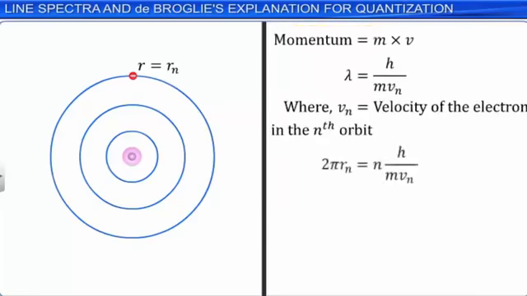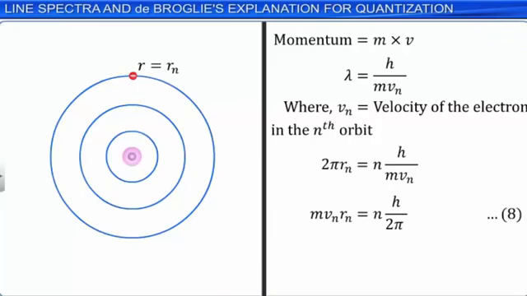Rearranging the equation, we get mvnRn is equal to nh by 2π. Let this be equation 8. Thus, the angular momentum of an electron is quantized. The quantized electron orbits and energies are due to the wave nature of the electron. Equation 8 is nothing but Bohr's second postulate.